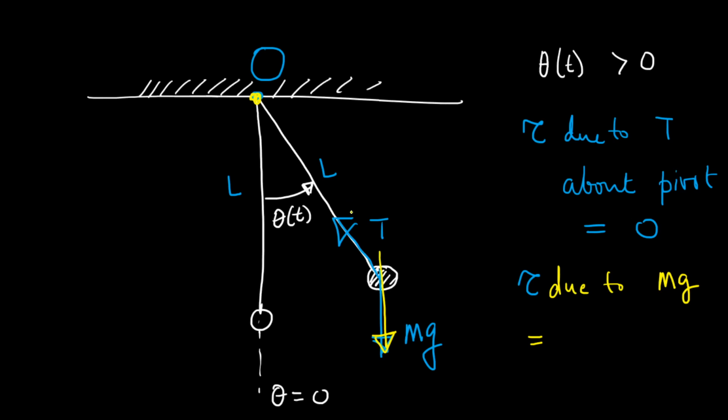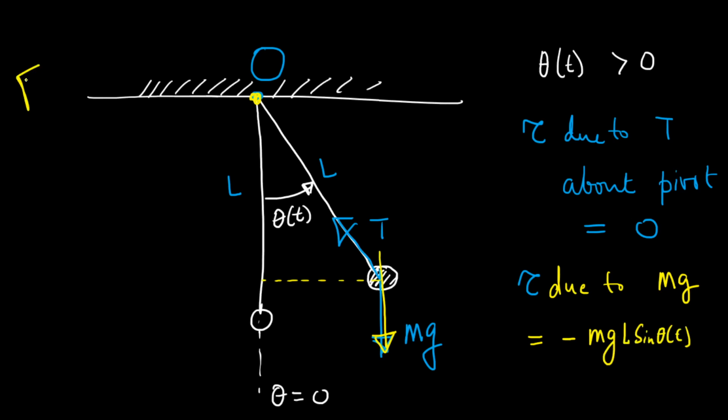So about the pivot, this particular force, gravity, is twisting this object in the anti-clockwise direction, and therefore the torque is going to be negative, and it's going to be mg into L sine theta at that instant of time.